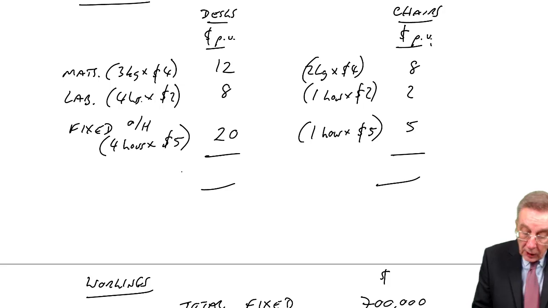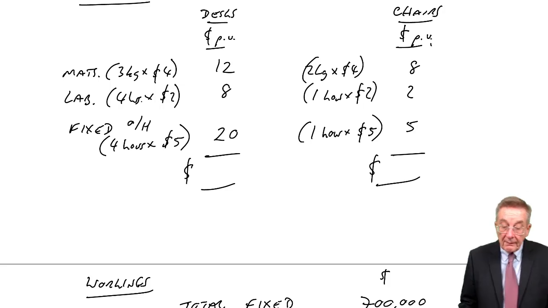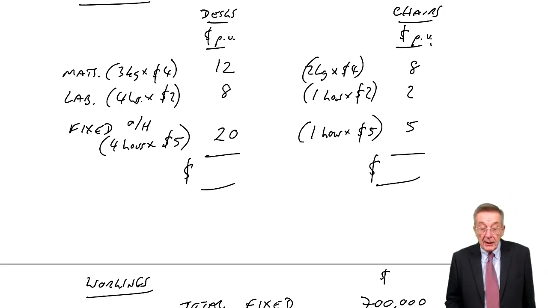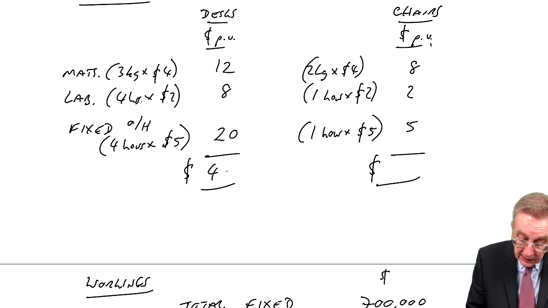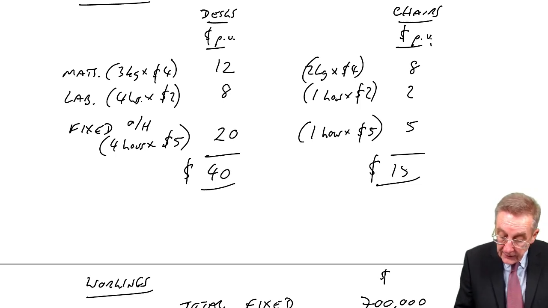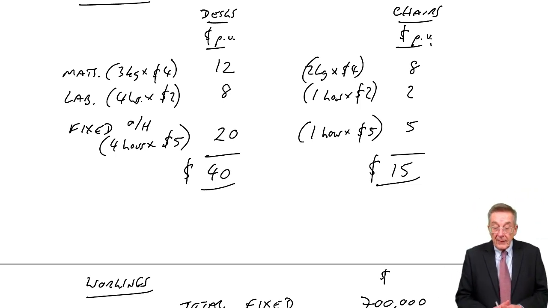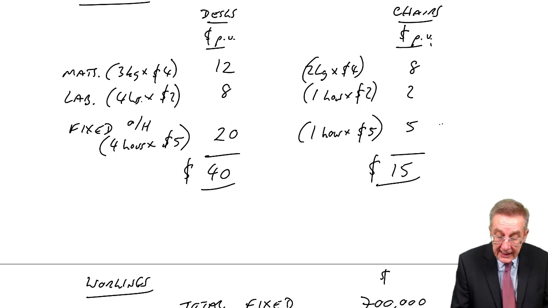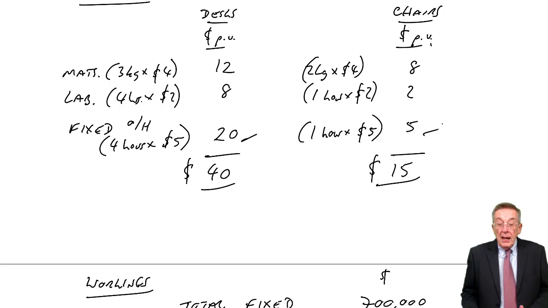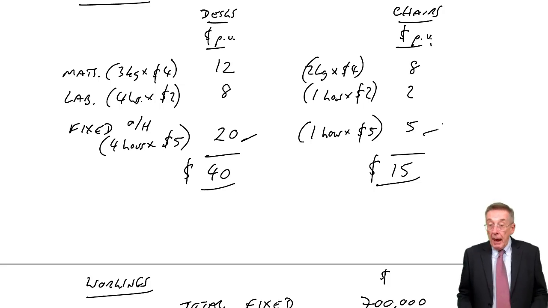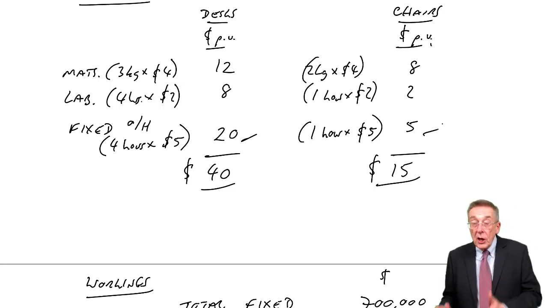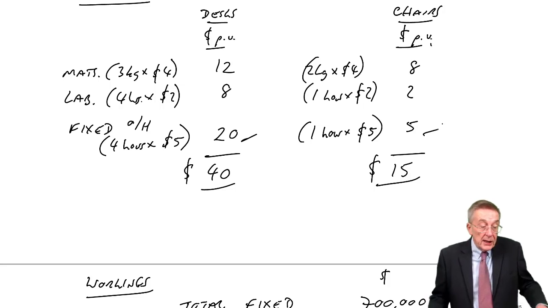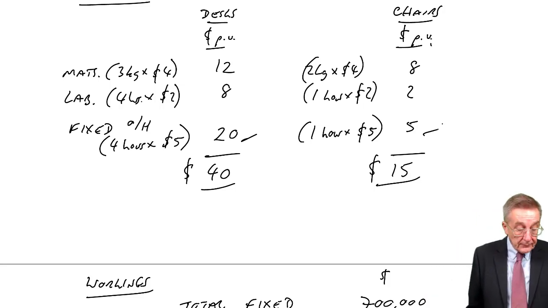As a result, the total cost of a desk, 12, 20 is $40, of a chair is 15. And surely that's a lot fairer than charging an equal amount to each. If desks take 4 times as long in the factory, we ended up charging 4 times the cost.